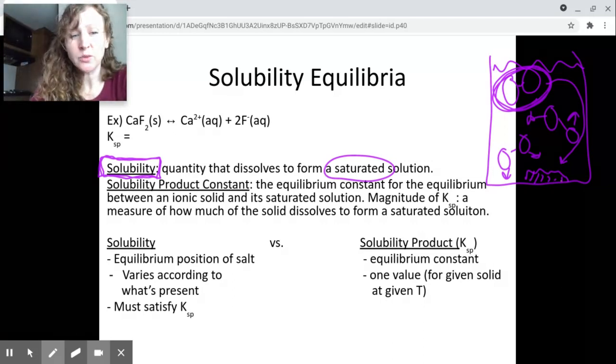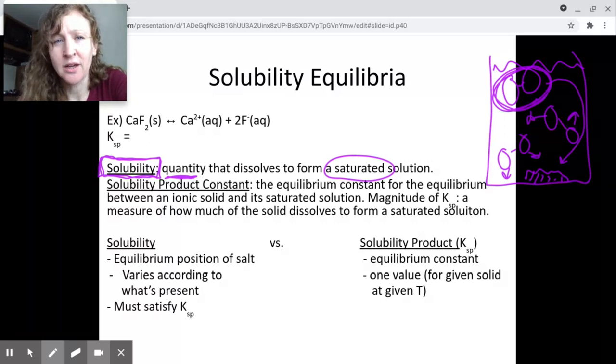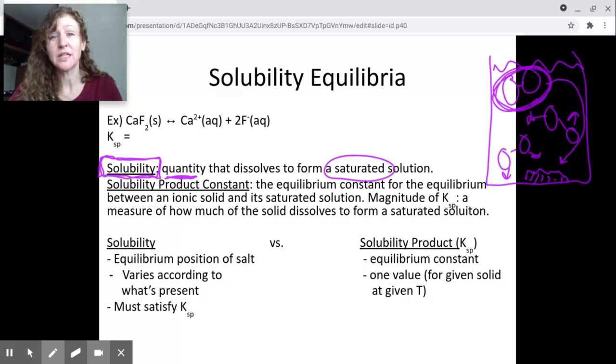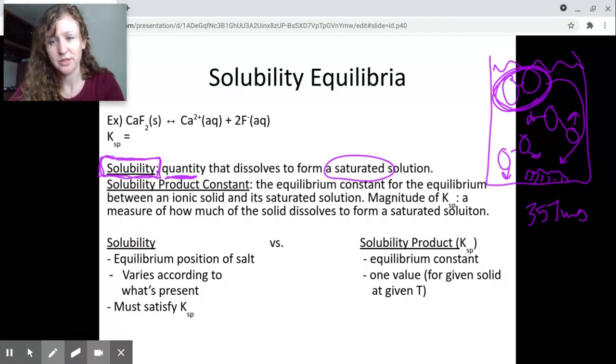So the question when we're talking about solubility is, how much do we add? For example, sodium chloride, table salt. The solubility of table salt is 357 milligrams per milliliter. So there's your amount.